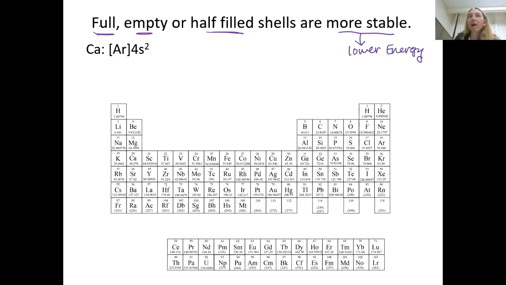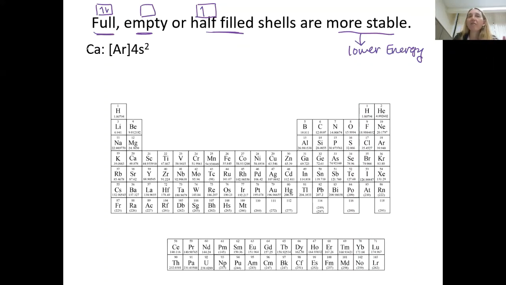So if my orbital's full, and by full, if I have an s orbital, means 2 electrons, empty means no electrons, or half full is 1 electron, these are lower in energy, okay? And this becomes more important when we get to the higher, not just s's, but higher ones, right?